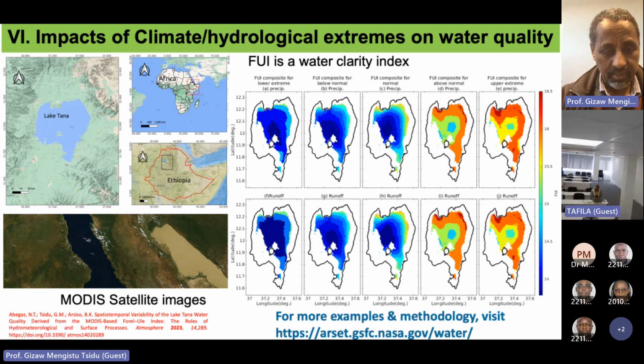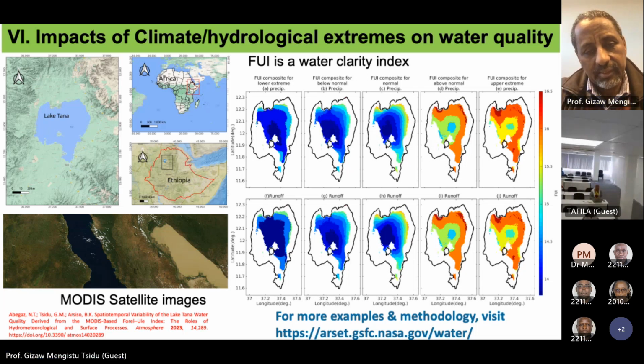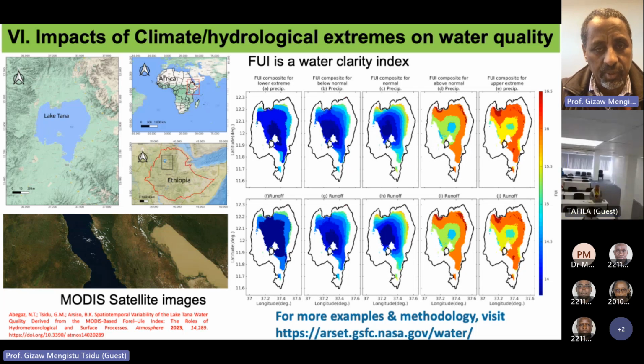You can see it's a RGB color, a false color image, but this image can be used to infer water quality. Basically, water color index. So the color of the water tells you about the qualitative quality of the water. It's not going to be quantitative.